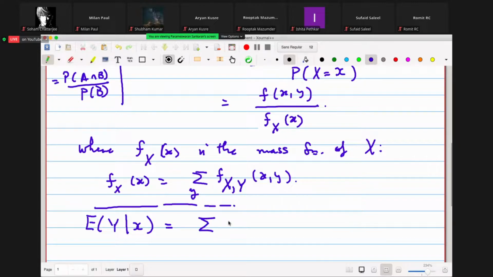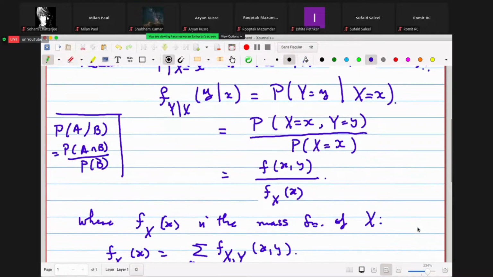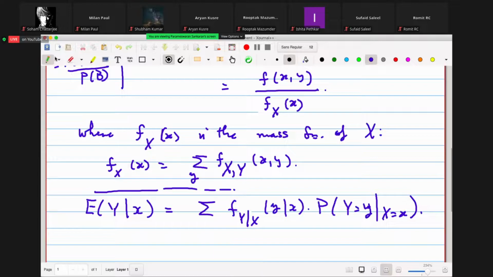This is equal to the sum of the mass function f_{Y|X}(y|x), this is how it is written, times the probability of Y equals y given that X equals x, times y.